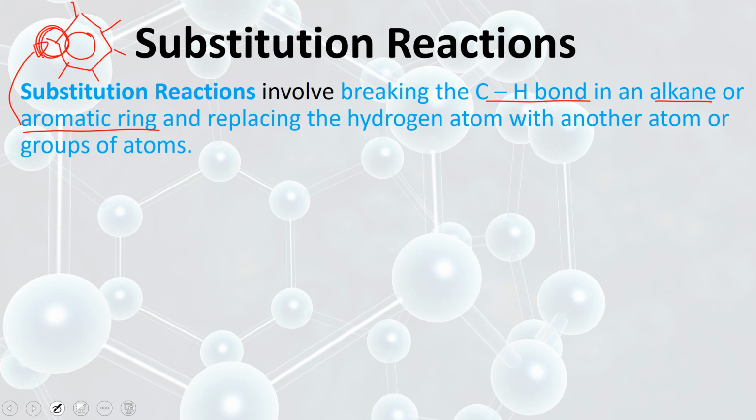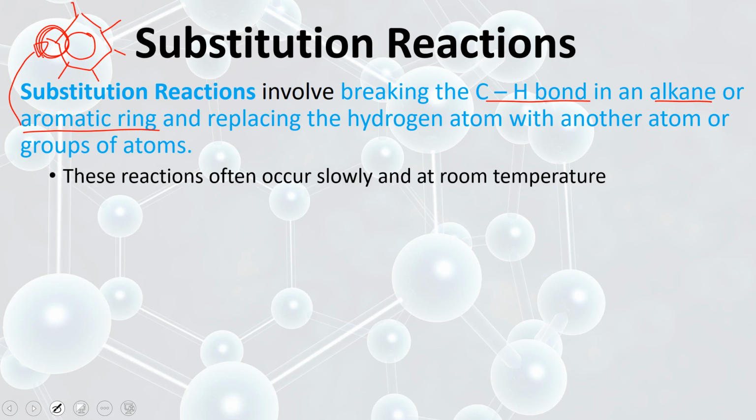So substitution reactions are the breaking of the carbon to hydrogen bond in either an alkane or an aromatic ring, and then we replace that with another atom or another group. It could be a hydroxide, it could be a halogen. There's a lot of different substitution reactions where you can add different molecules in for that place.